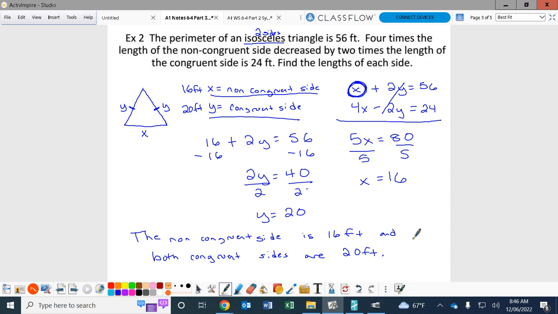Anything? Yes, sir. What about what? What about the 24? What about it? We used it. We set it equal to 24 right here. Did you not set it equal to 24 when you did that?